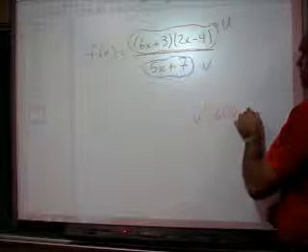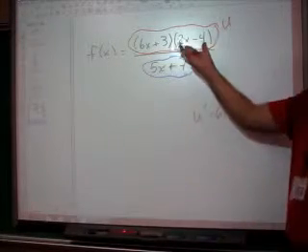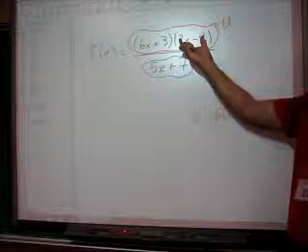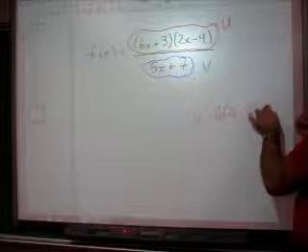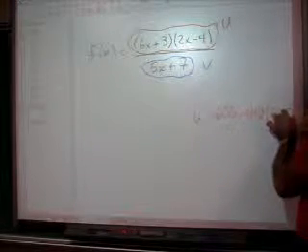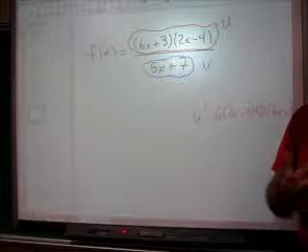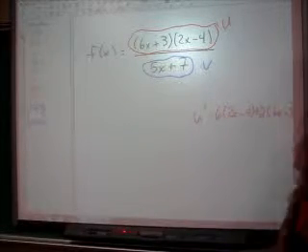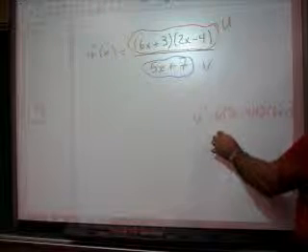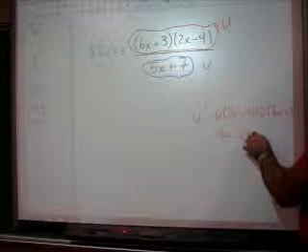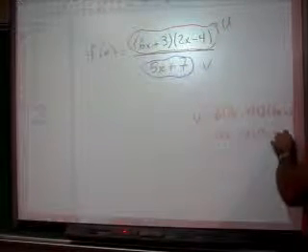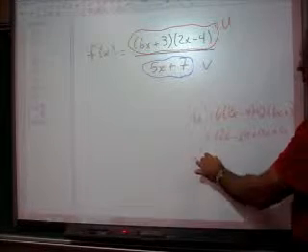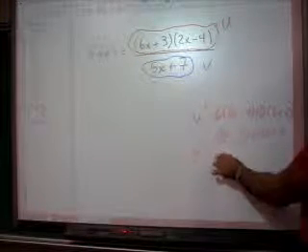Times the 2x minus 4 plus, what's the derivative of this part? 2. Times 6x plus 3. And again, over here it's alright to go ahead and do some of the algebra. 6 times 2x is 12x minus 24 plus 12x plus 6. And so we see that u prime is 24x minus 18.